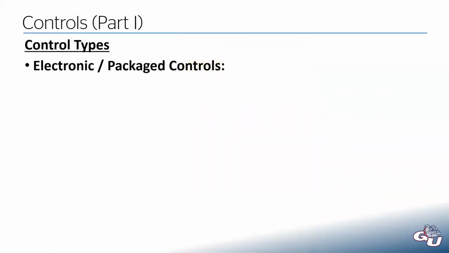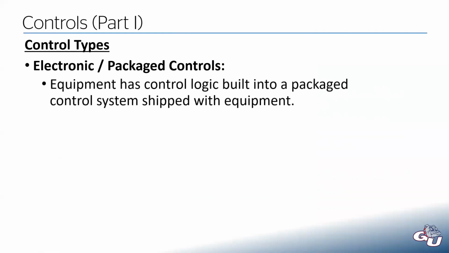The second type of controls are what's called electronic, or also commonly called packaged controls. And this means that the equipment you buy comes with some control logic built into the unit itself.